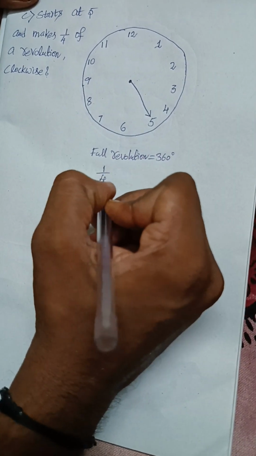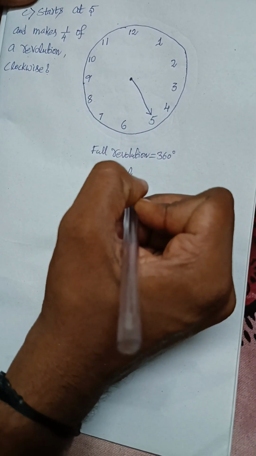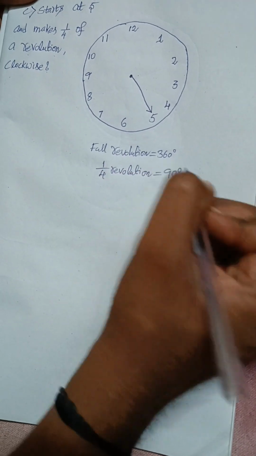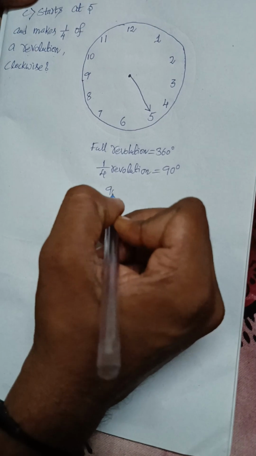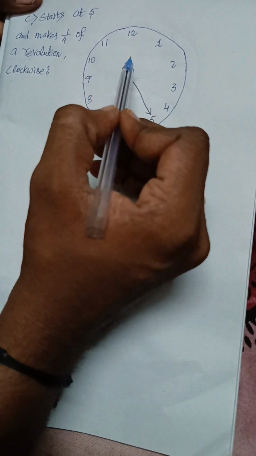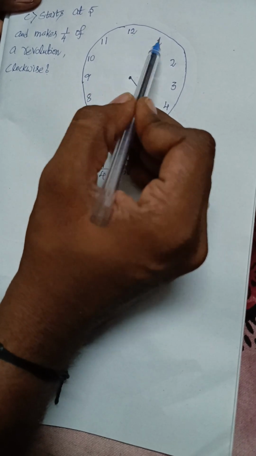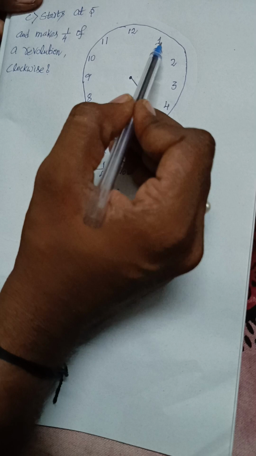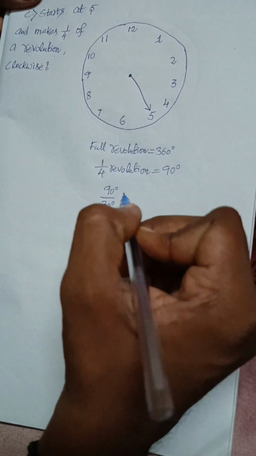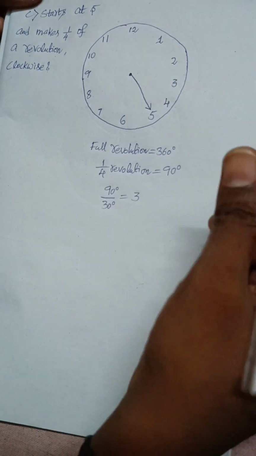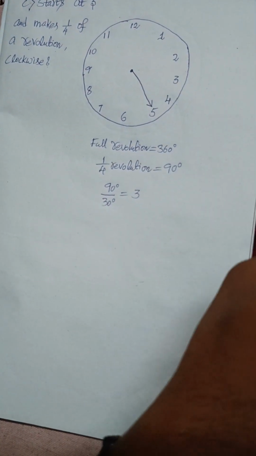Now 1/4 of revolution means 360 by 4, which is 90 degrees. If you divide 90 degrees by 30 degrees, because for each and every hour the hand of a clock rotates 30 degrees, 90 by 30 is equal to 3. So it must cover 3 hours.